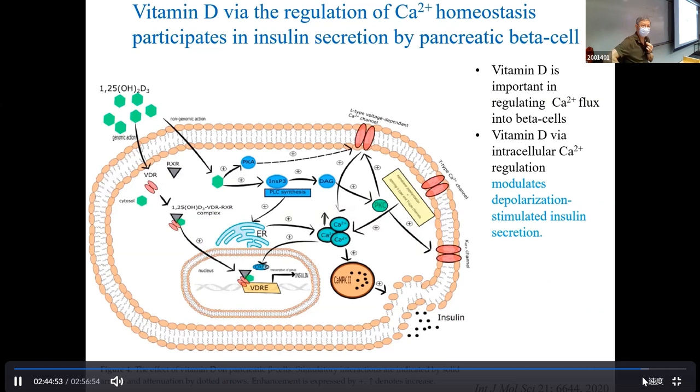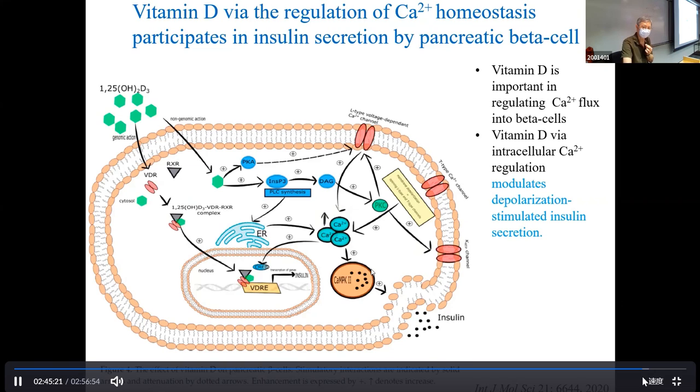Vitamin D, through the regulation of calcium homeostasis, participates in insulin secretion by the pancreatic cell. Again, we're trying to link calcium and vitamin D. This is just a proposed mechanism. Enough vitamin D will act. Don't worry about all these internal pathways, because we are not going to ask you and we are not going to have time to discuss that.